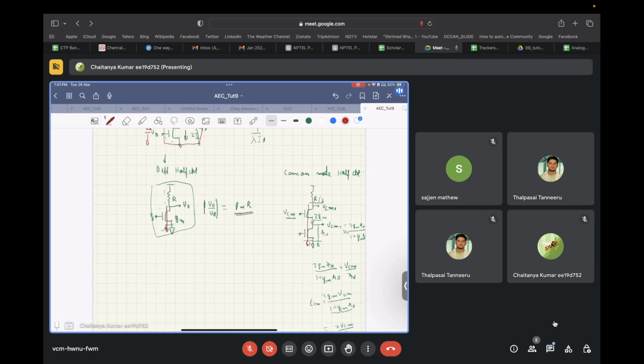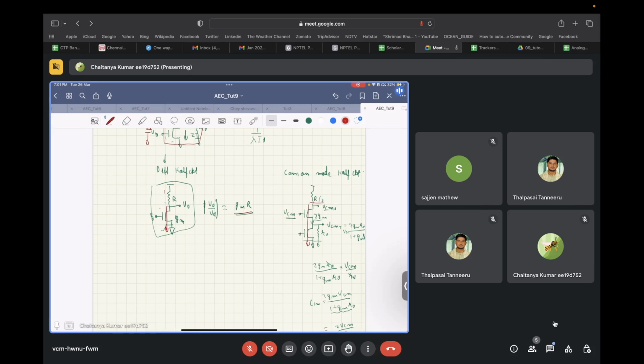So if somehow we can make some circuit that has different load for the differential half circuit and the common mode half circuit, we can try to increase the common mode rejection ratio. Let's say we intend a resistance of R over here.